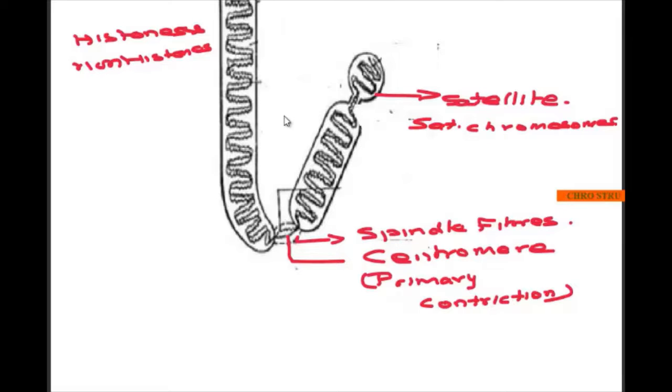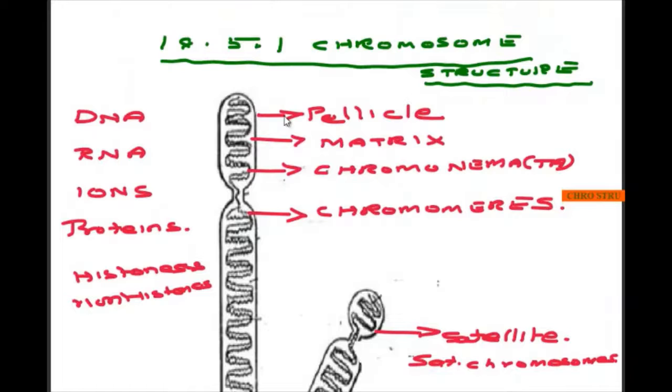Then the end of the chromosome is called a telomere. This telomere has some polarity, its own individual character in every chromosome. What it does is, it will not allow another chromosome to come and join with it at any time. So this telomere is the extreme end of the chromosome which has a special polarity.